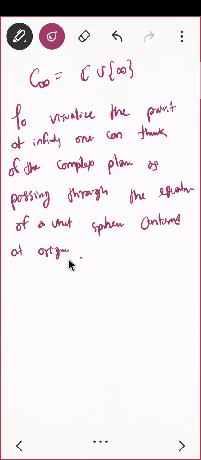That means I just want to visualize this C infinity, so I have to include this infinity. To visualize this, I am considering my complex plane.